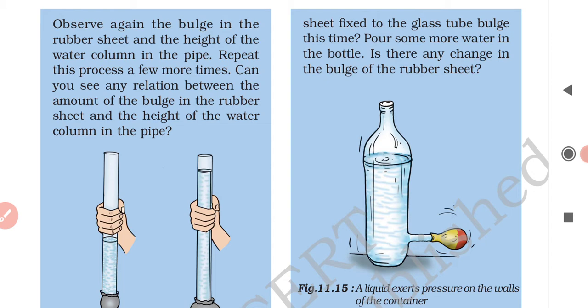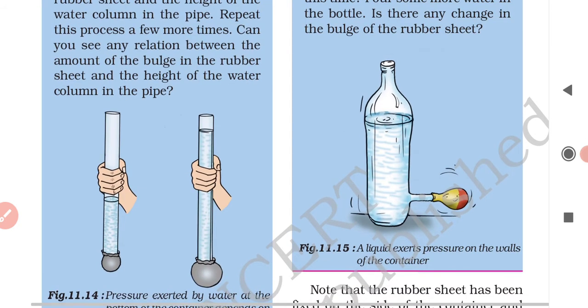We'll find that the height of the water column increases in the pipe, as you can see here. Initially the water level was here, then after pouring some more water, the water level has reached here. So the level of water, or the water column in the pipe, increases.